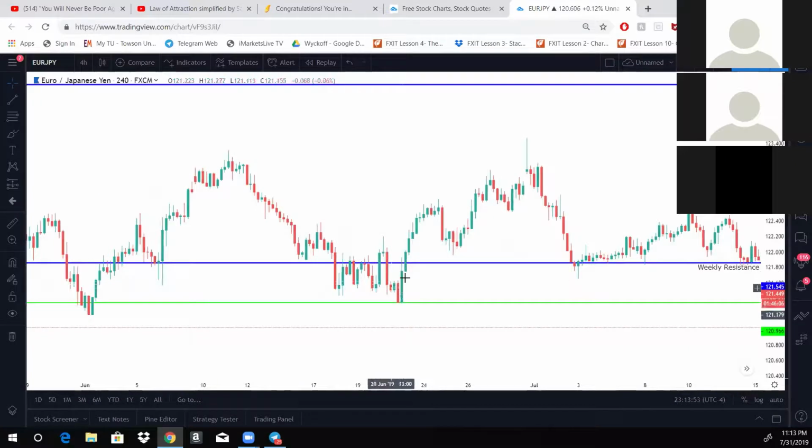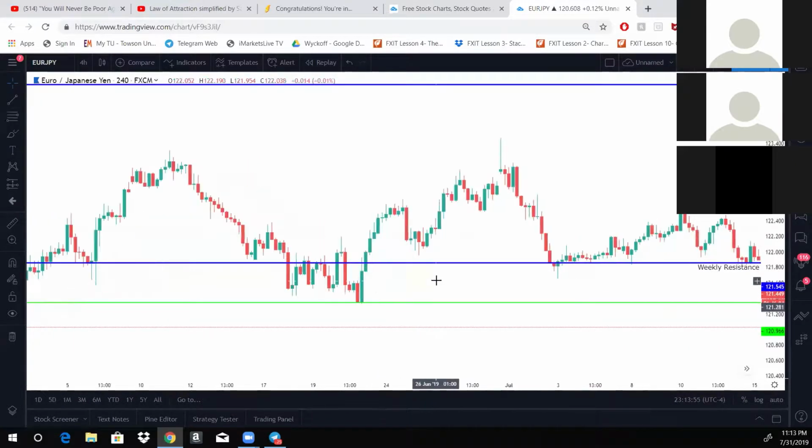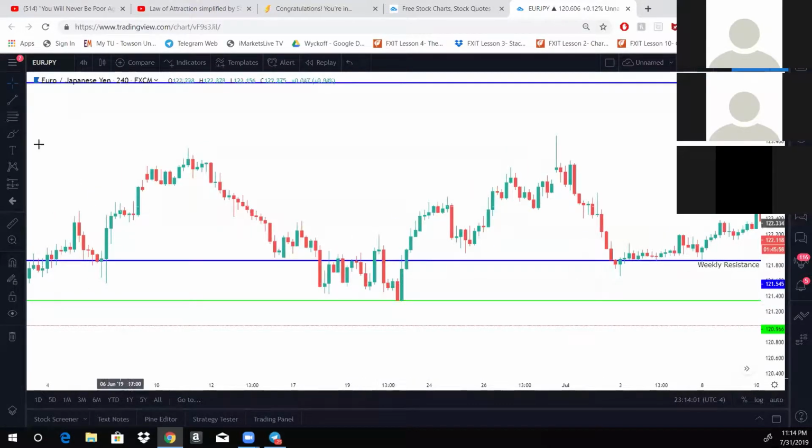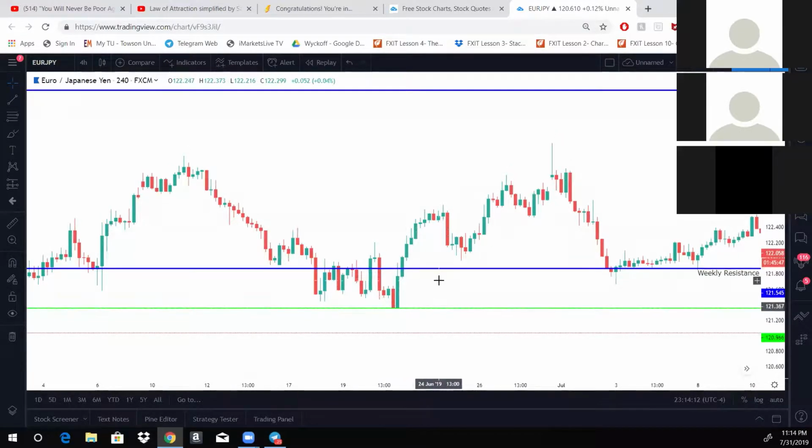As you can see here, this big bullish or green candle was one of the reversal candles. This specific candle right here is called a hammer, and you see it's exactly a reversal from the daily support, which is my green line.